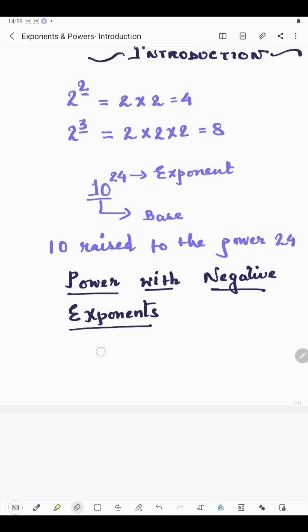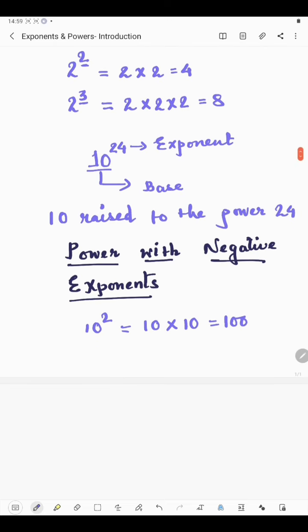Suppose we have 10 to the power 2. Now when the power is 2, we write the base twice. So 10 into 10 is 100. Now the exponent was 2, and it decreases by 1, so it will become 10 to the power 1. Now 10 to the power 1 means the value is 10 only. Now how are we getting 10?